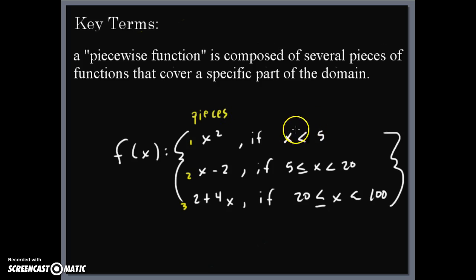And then these are the x values or the domain that they cover. So when the input value is less than 5, this is the equation I'm going to use. When the input value is greater than or equal to 20 and less than 100, this is the equation that I'm going to use. So these are the domains that they cover.